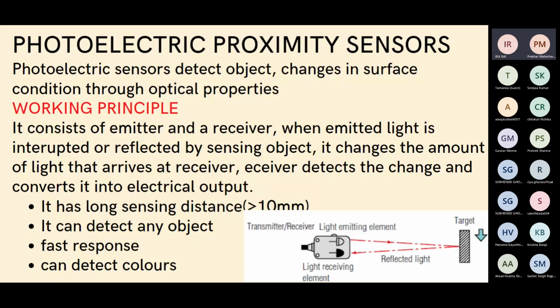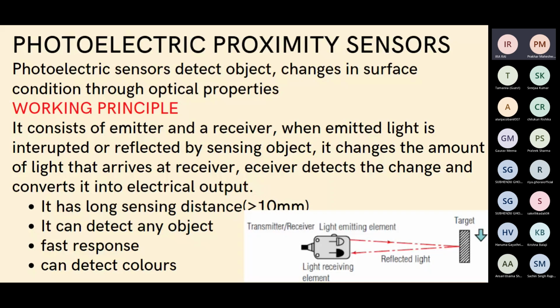The magnetic proximity sensors can detect only magnets, but this has no such limit, so it can detect wood, plastic, or any sort of object. Also, it has a fast response, which is obvious because the speed of light is quite huge, 3 × 10^8 m/s, so we get a quick response in these sensors.